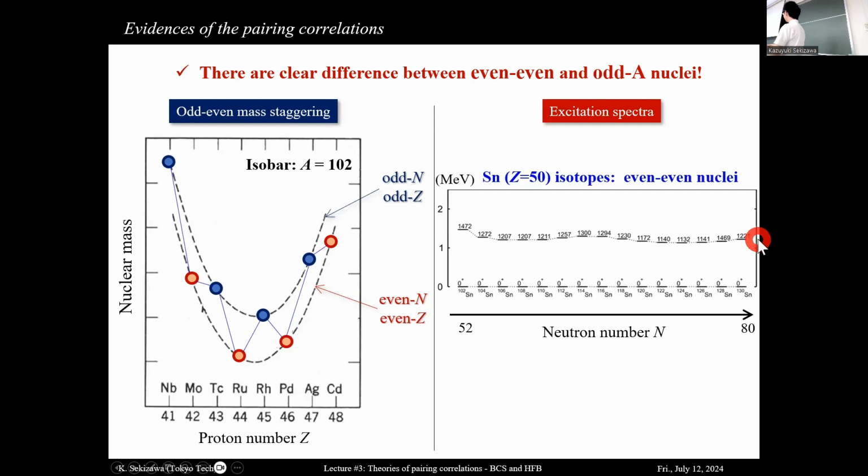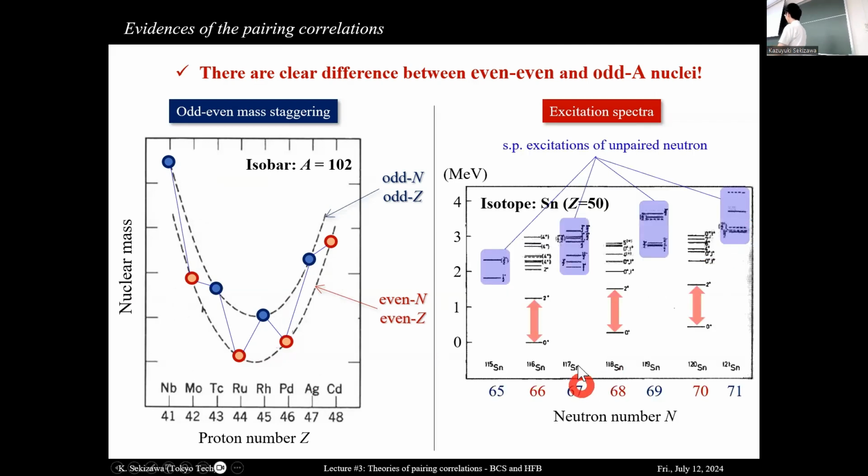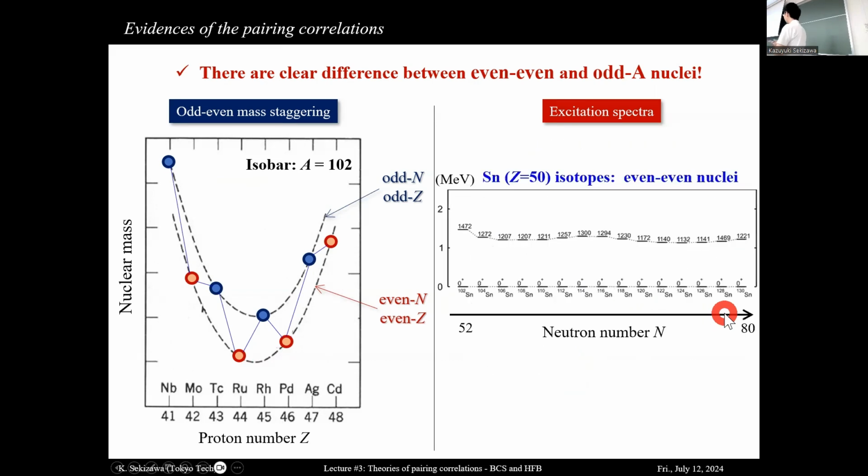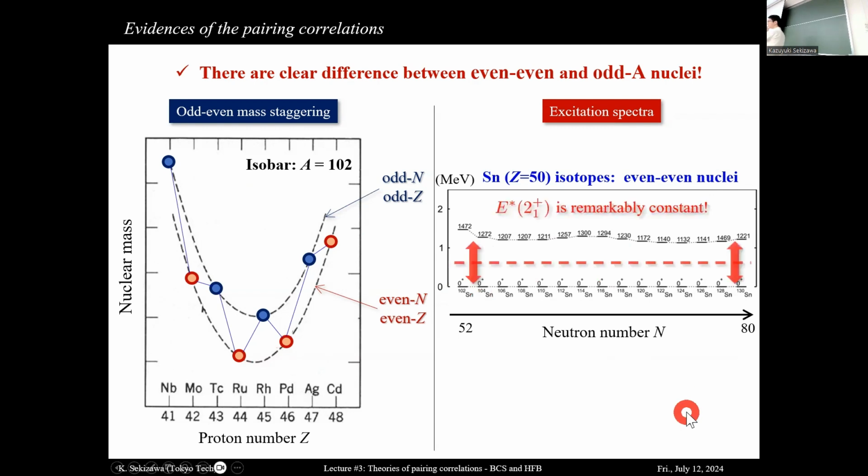We can plot the energy of the first excited states as a function of neutron number for these tin isotopes. As you can see, this energy gap is very robust. All along this isotopic chain, you can find a systematic energy gap between the ground state and the first excited state.